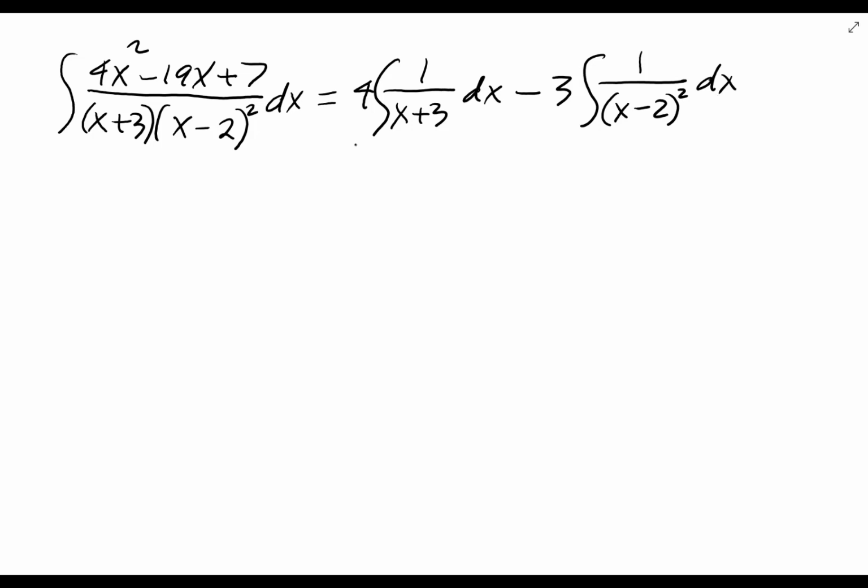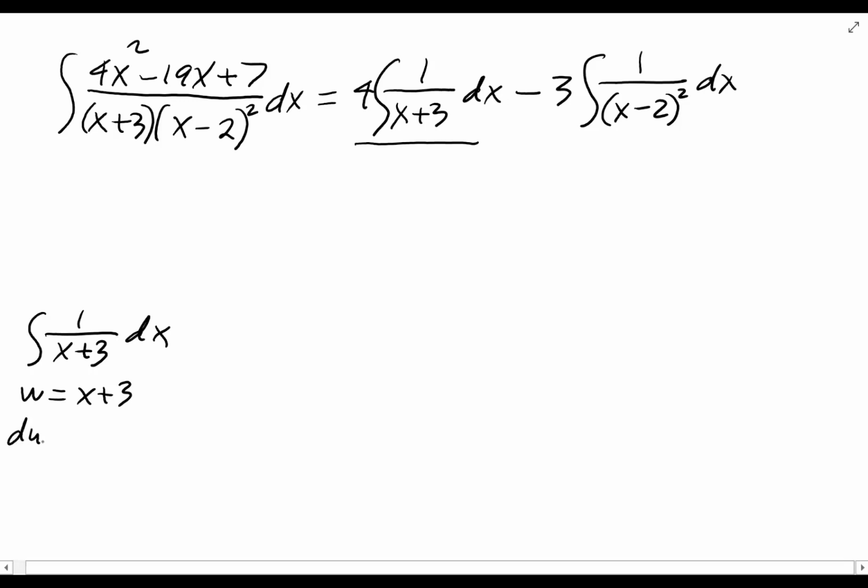So let's take this first integral down here and work on this. This is a pretty basic substitution integral. And it turns out to be 1 over w if you let w be x plus 3.